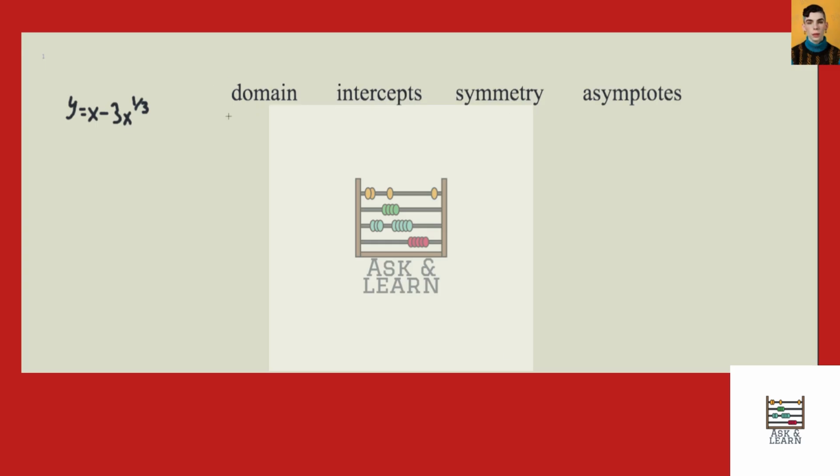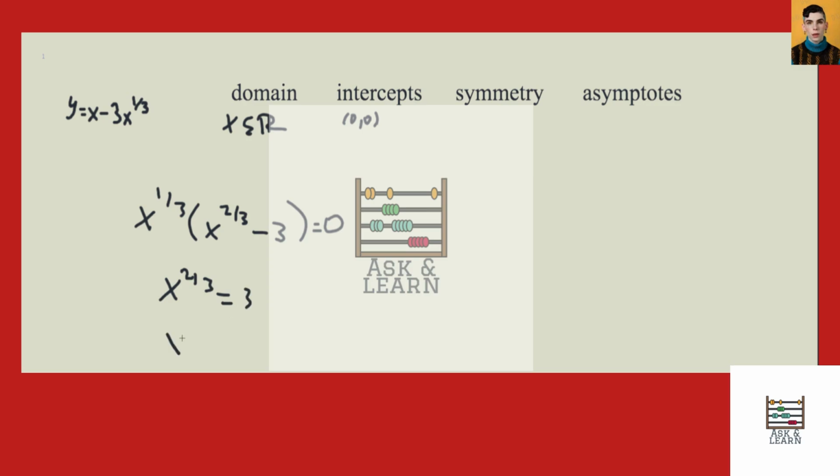So here we can see that the domain is x is all real. And for the intercepts, if we factor this out, we have x^(1/3) times (x^(2/3) minus 3) equals 0. So we have x equals 0, so we got (0, 0). And we also have x^(2/3) equals 3.